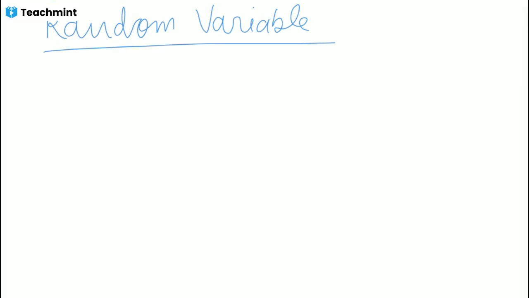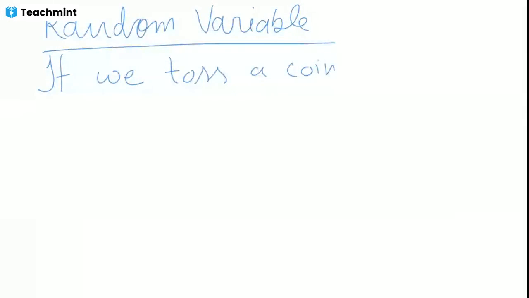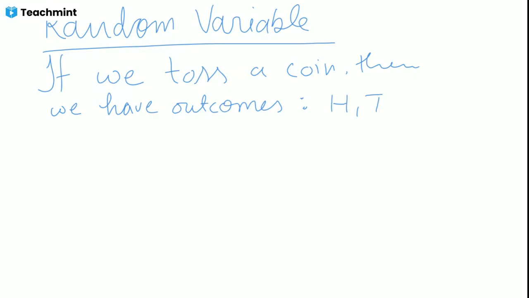What does it mean? If we toss a coin, then we have outcomes. Either we can get head or tail. When we toss a coin, obviously we'll have all possible outcomes, either head or tail.